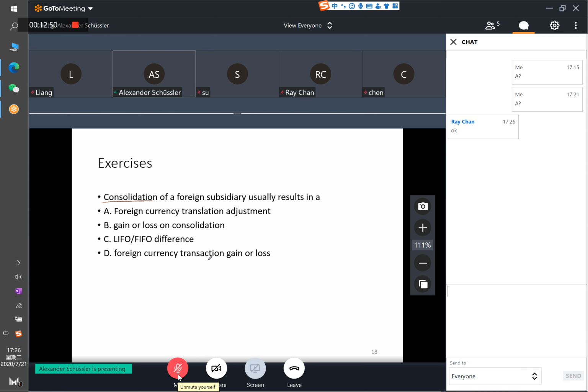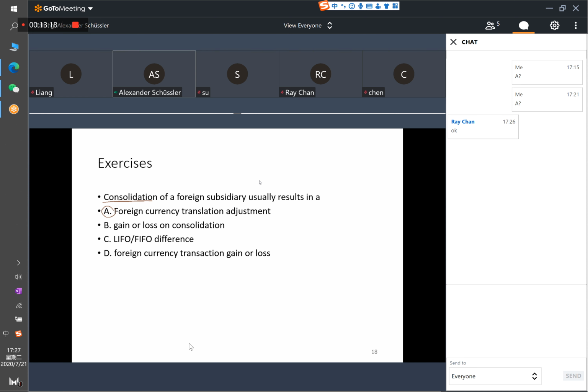This was when we sell goods or services. Now we consolidate our subsidiary that is based in a country with a foreign currency. Exactly. Very, very good, Jan. A is correct. It's foreign currency translation adjustment.